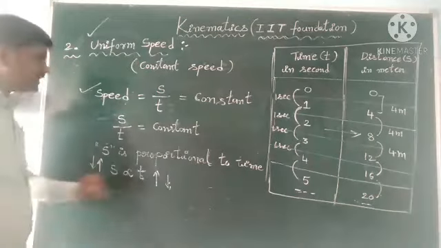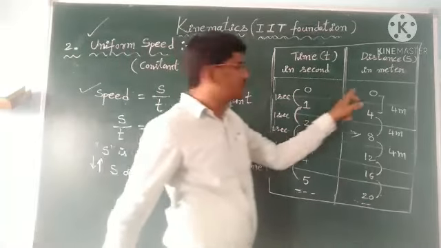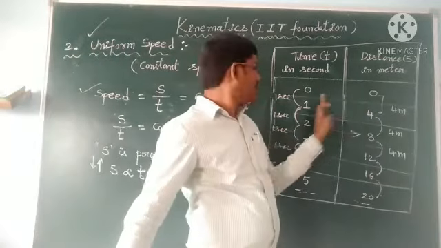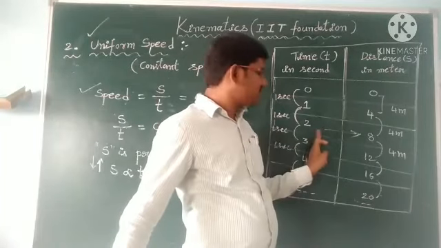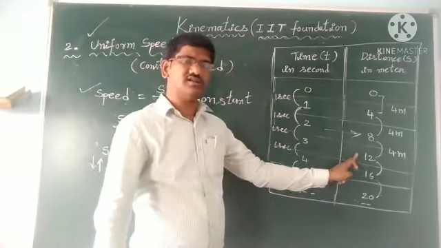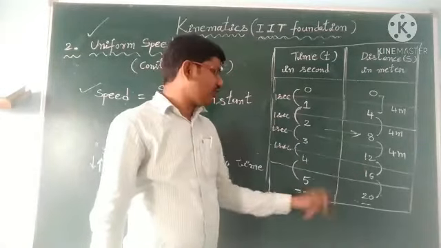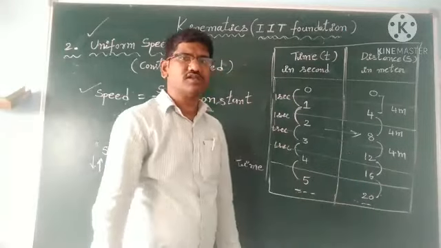So S is directly proportional to T means, see students, 0 seconds 0 meters, 1 second 4 meters, 2 seconds 8 meters, 3 seconds 12 meters. More time, more distance, but every time the distance by time ratio remains constant.